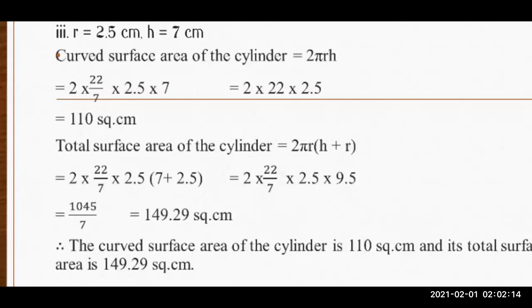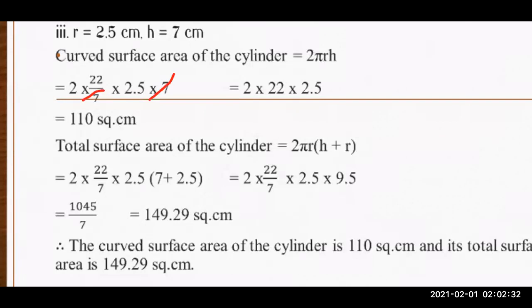So we have written 2 into 22 upon 7 into 2.5 into 7. Now here we will cut: 7 ones are 7, 7 ones are 7. So what will remain? 2 into 22 into 2.5.